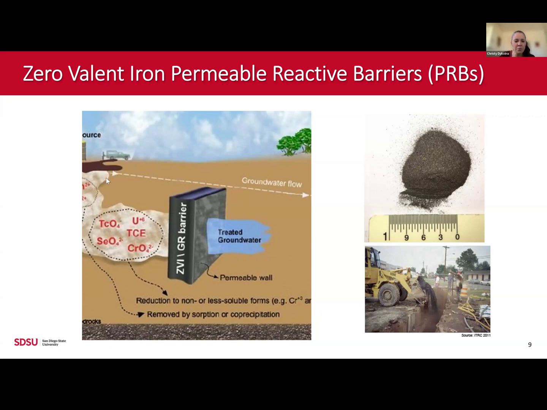So we see this groundwater is flowing in this direction here. Let's get ahead of where this plume is moving to.